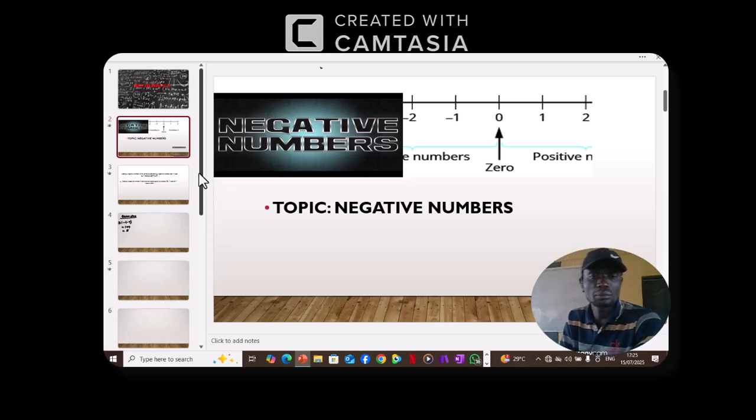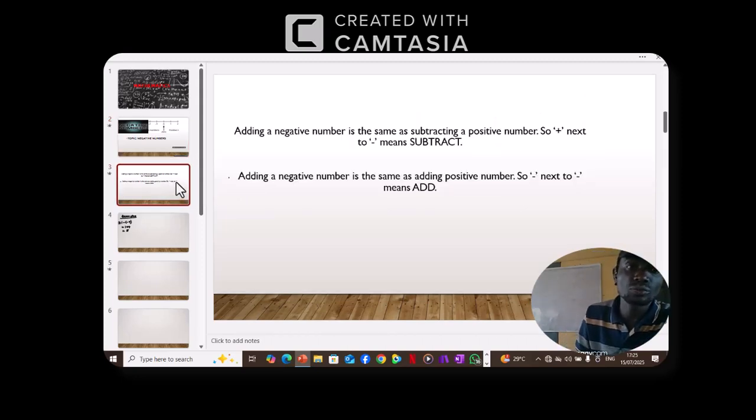Let me explain this to you because this is what will guide you. I want to give you these two things that will guide you whenever you are dealing with calculations that involve negative numbers.